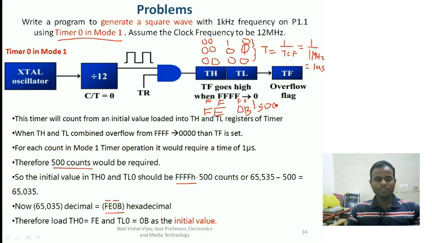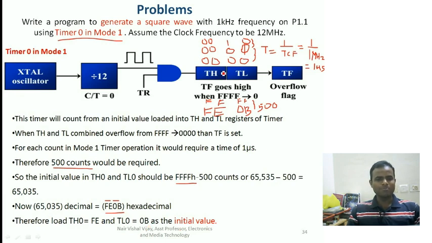So 500 counts would be required to go from FE0B to FFFF. So this would give you a 500 microsecond delay. Okay, so load your TH0 with FE and TL0 with 0B, and then you have the initial value to count up to 500 counts. Okay, so let's see how to write the program.